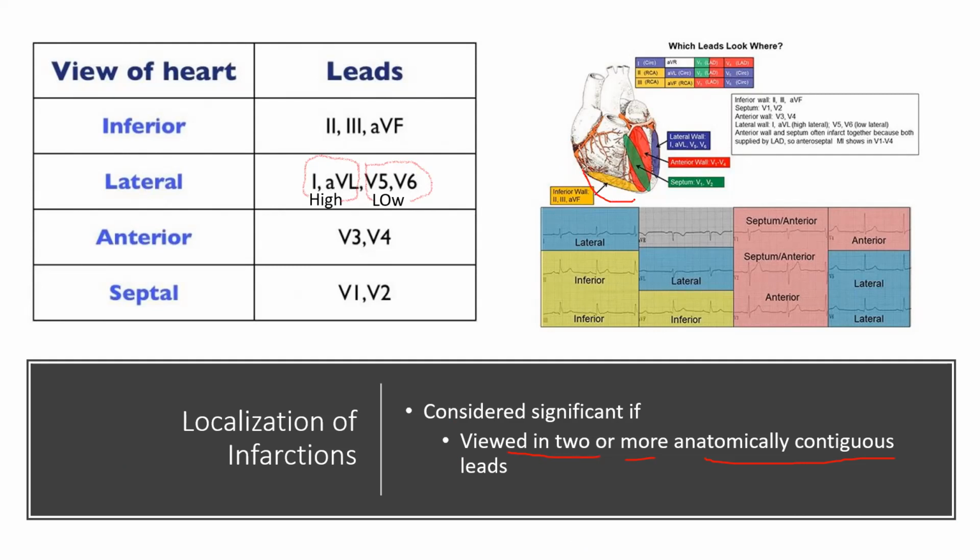Right over here, as shaded in yellow. It is seen by 3 leads, and these leads are leads 2, 3, and AVF. They therefore are called contiguous leads because these leads together look at the inferior aspect of the heart.